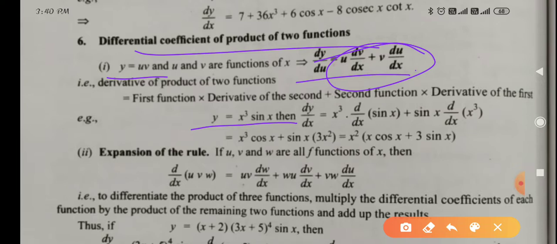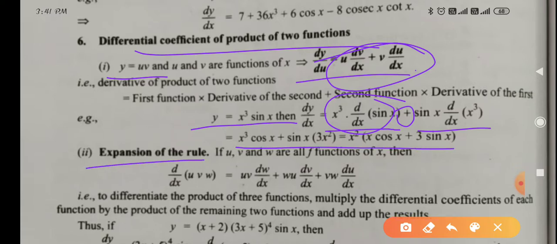So x cubed same, differentiation of sin x, plus in between, plus will come, sin x same, and differentiation of x cube. Means first function and differentiation of second function, plus second function and differentiation of first function. It is given and you have to write the differentiation.